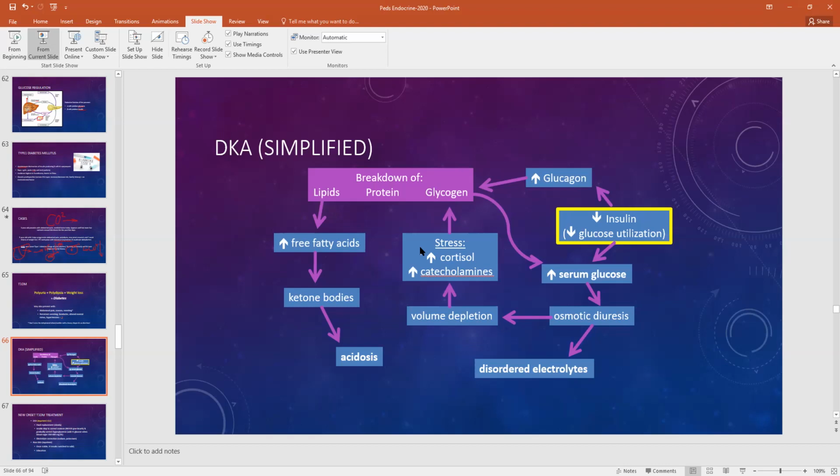This stress response, so the increase in cortisol and catecholamines, causes increased glycogen to be broken down for glucose, which increases glucose, and then they osmotically diurese to try to urinate off the glucose, and that screws up their electrolytes, plus that potassium shift that we talked about earlier.